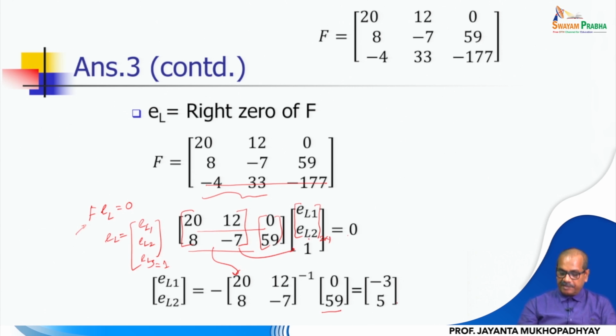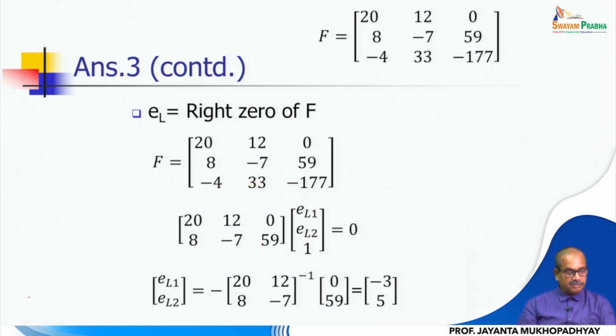This gives me -3, 5, and you obtain EL1 and EL2. Since the scale factor is already 1, this is the coordinate in the image plane in the non-homogeneous coordinate system itself. This is how you can compute the respective epipole in the left image.